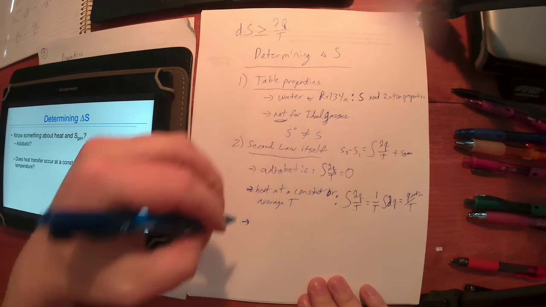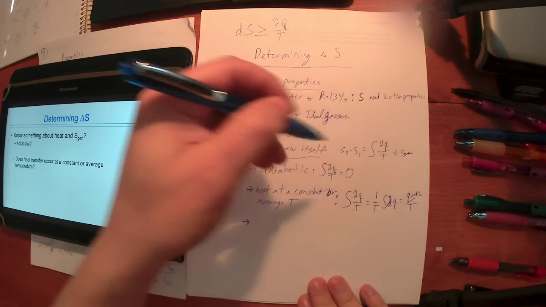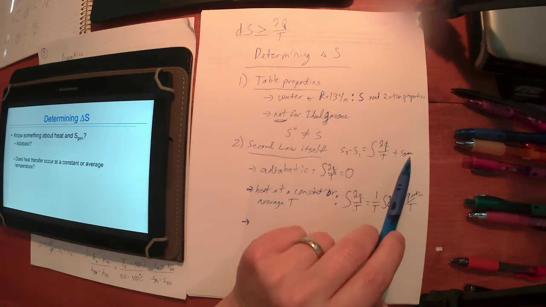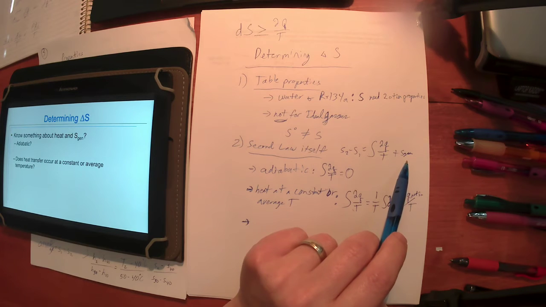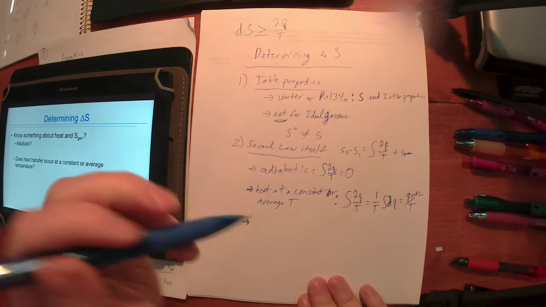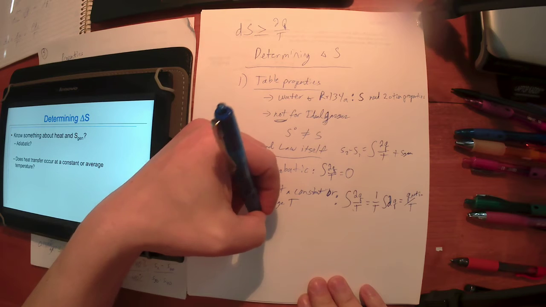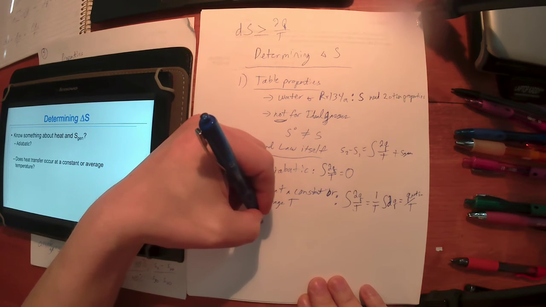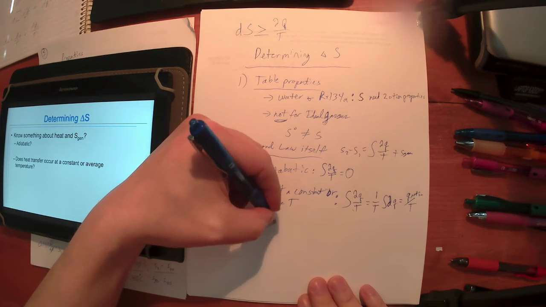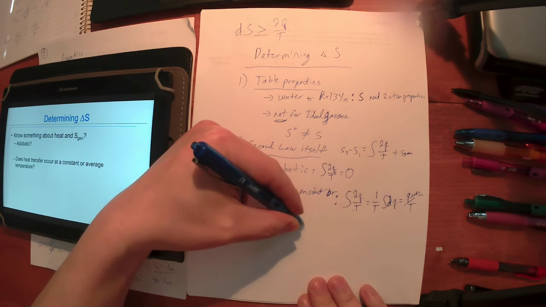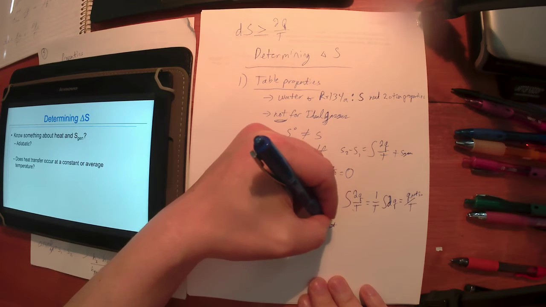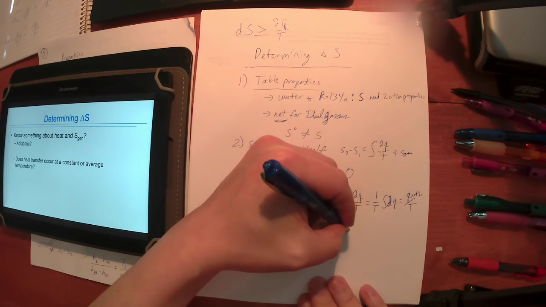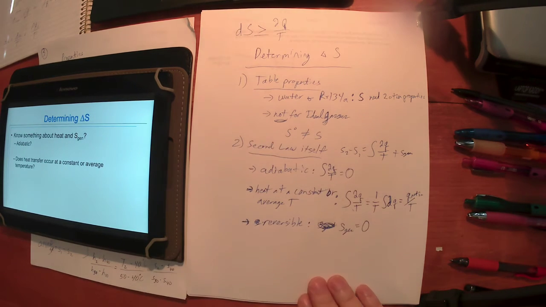The third thing that normally pops up here is you need to know something about this entropy generated. In a really weird scenario, you might know the actual amount of entropy generated or the rate at which it's being generated. That's not common. Somebody would have to measure that for you, unless you know it's reversible. If it's reversible, then you know the entropy generated.